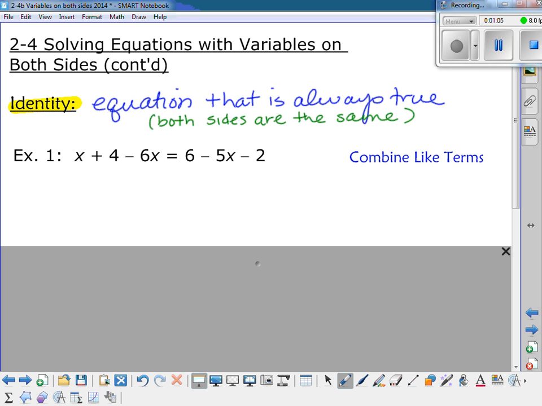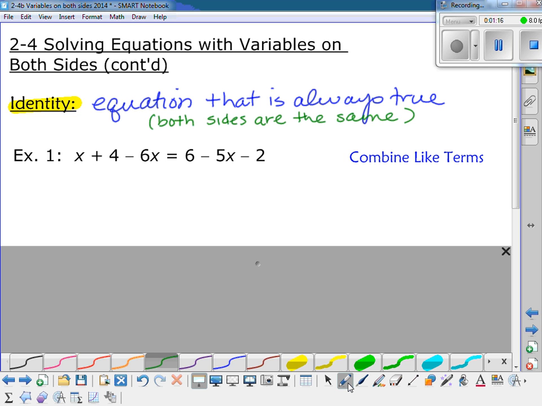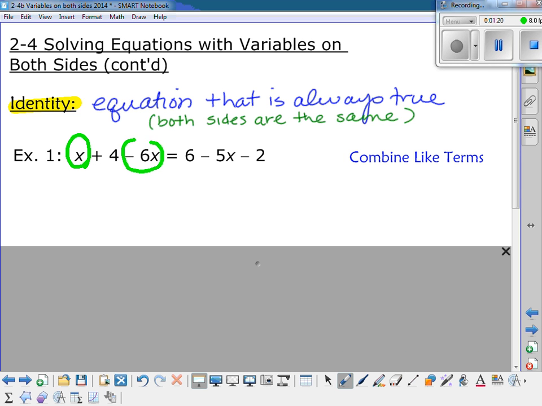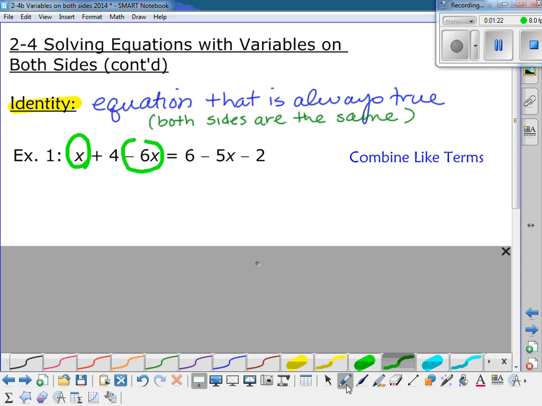So if we look at example 1, we have x plus 4 minus 6x equals 6 minus 5x minus 2. And we want to combine our like terms. On the left side, we've got x and negative 6x, which makes negative 5x.